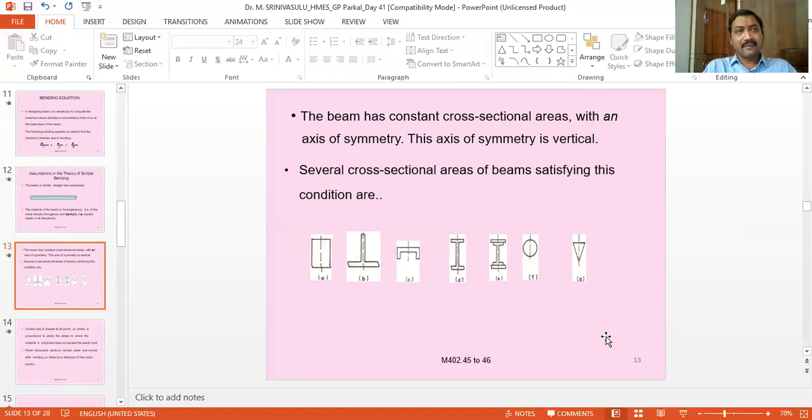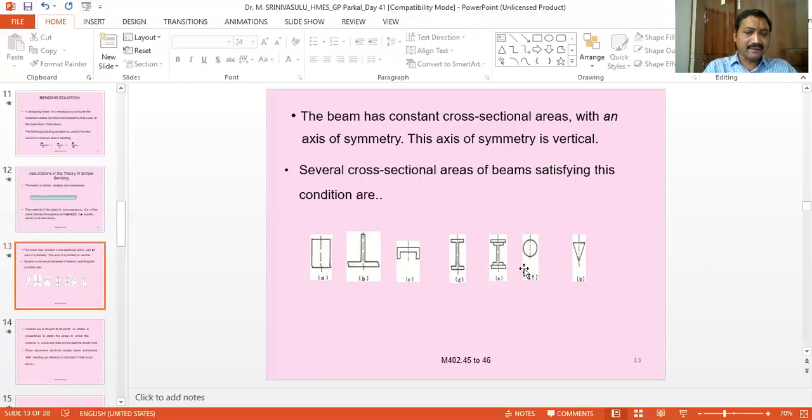The shape of the cross section must be symmetrical about the y-axis. That means the y-axis should divide the cross section of the beam into exactly two equal halves. That is, the cross section of the beam must be symmetrical about the y-axis. This is the third point.